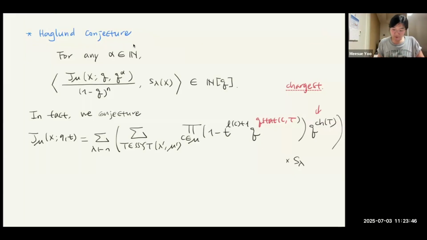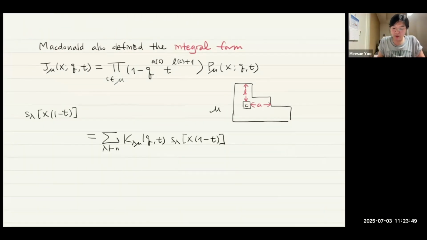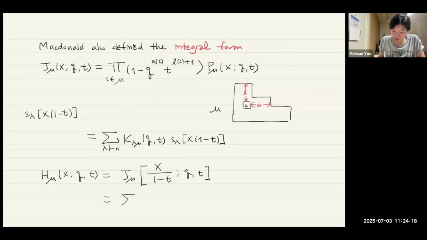From this definition, the integral form has q,t-positive coefficients in terms of the modified Schur functions, so we can just define the modified Macdonald polynomials H_mu by the integral form, plethystically substituting x divided by 1 minus t. Then by definition, the Schur coefficient of this modified Macdonald becomes this q,t-positive polynomial.